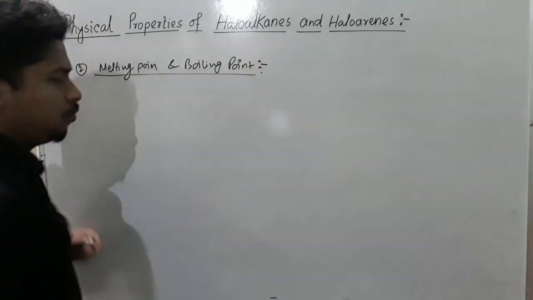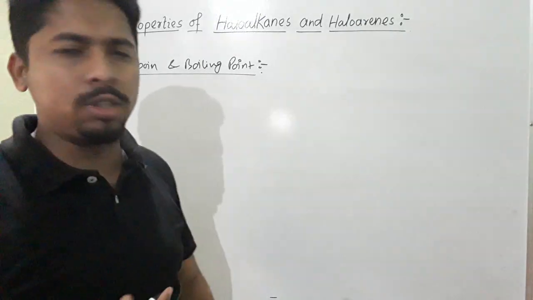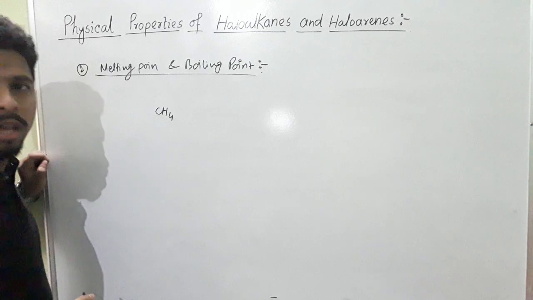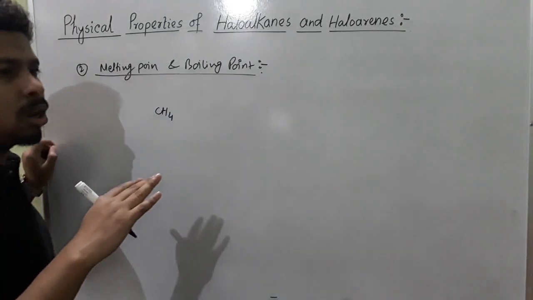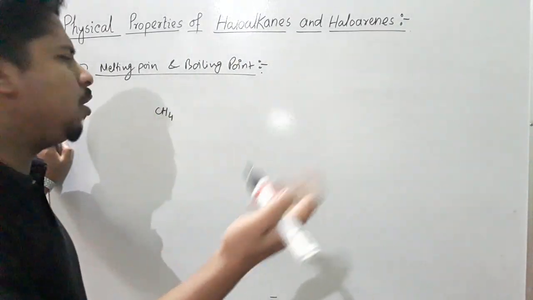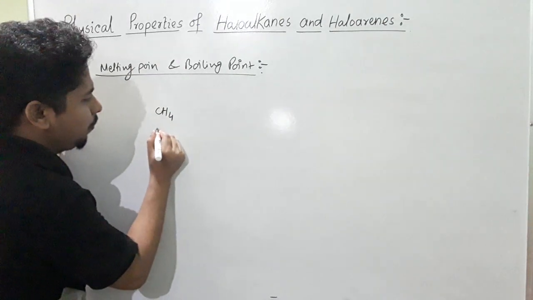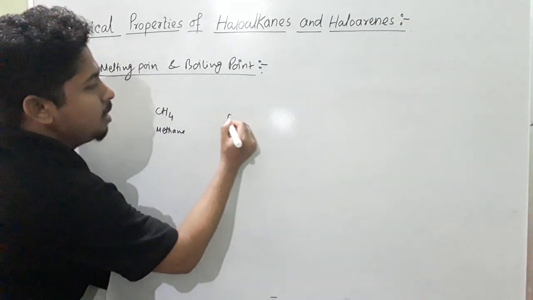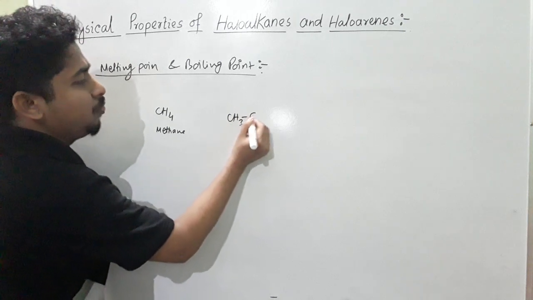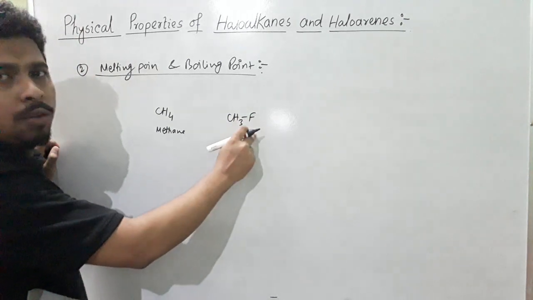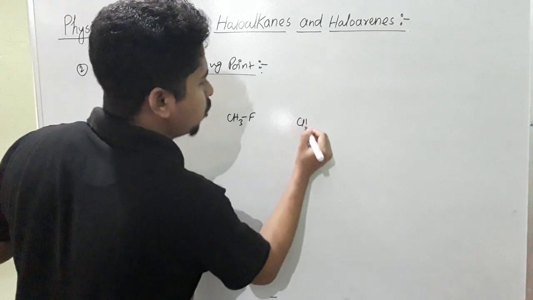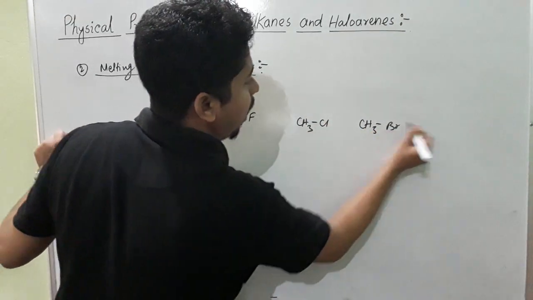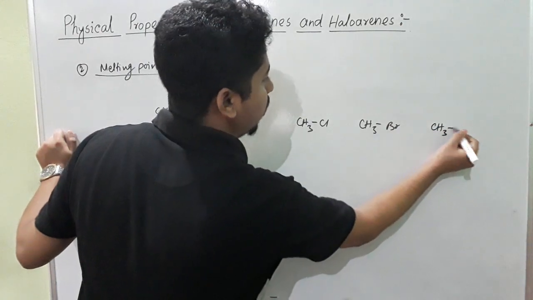Suppose we consider one hydrocarbon, CH4, the methane molecule, and its corresponding haloalkanes: CH3F, which is methyl fluoride or fluoromethane, then chloromethane, bromomethane, and the last one is iodomethane.